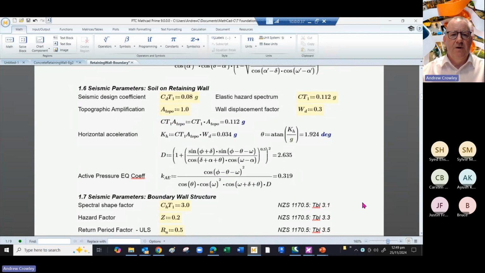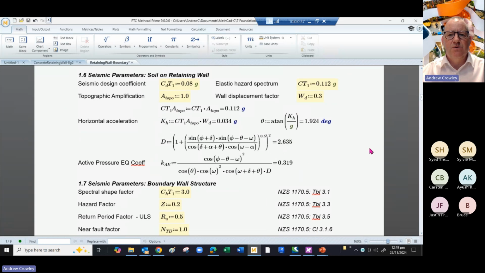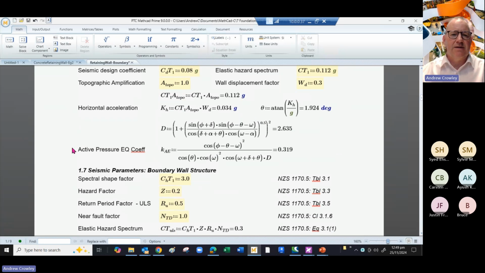So they work as 0.36 and 1. So the seismic parameters, we're looking at a relatively short return period. So we're looking at a topographic amplification of 1 and a wall displacement factor of 0.3. So our KH works out as a tiny 0.034 g. And that MO equation, as it's called, I've split it up into 2.